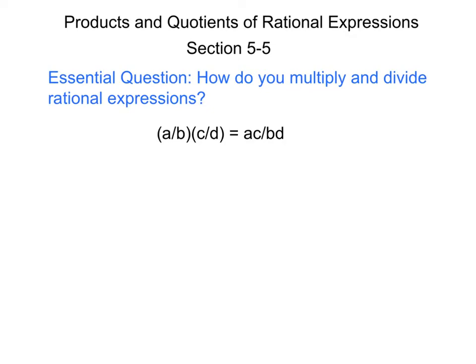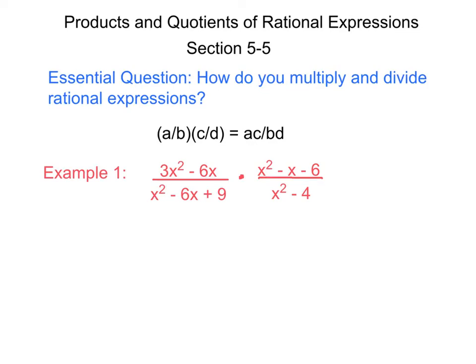So let's look at some examples. So let's say we've got 3x squared minus 6x over x squared minus 6x plus 9. And that rational expression is going to be multiplied times x squared minus x minus 6 over x squared minus 4. Now, you could approach this a couple of different ways.